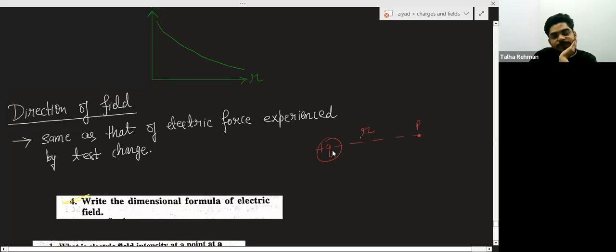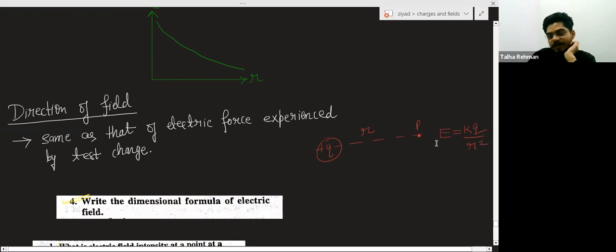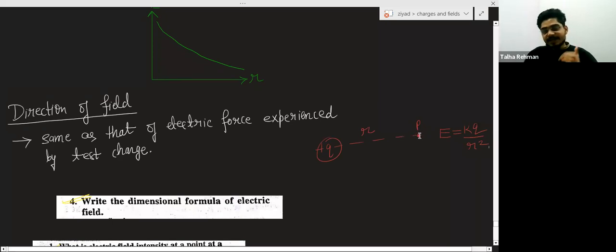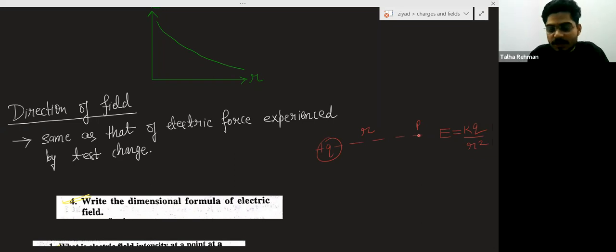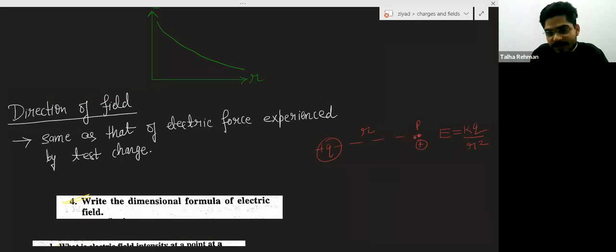We know the electric field strength at this point will be kq divided by r square. So this is the magnitude. Now for direction, what will you do? Assume a positive charge here and see the direction of force on that positive charge. This is also a positive charge, so both will repel. The direction of the force will be in this direction, and the direction of the electric field will also be in this direction.